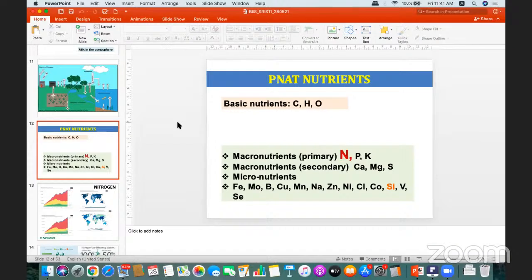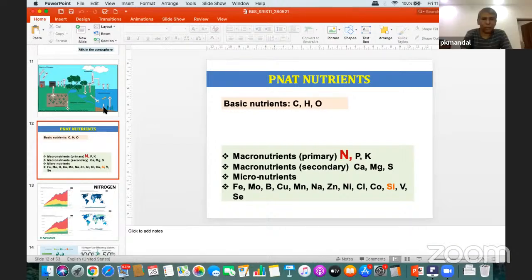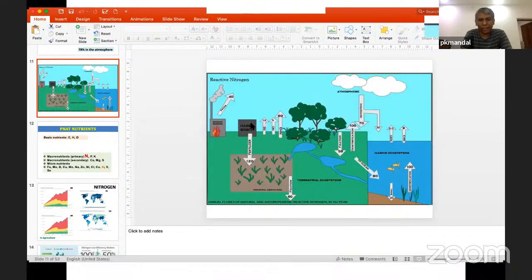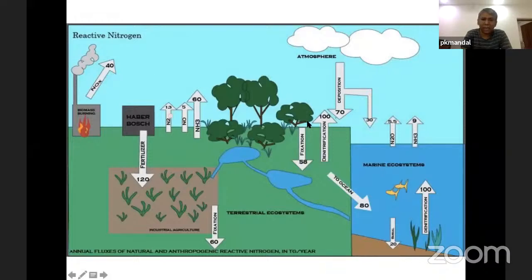Yes, sir. So actually what I was talking about this slide. In a nitrogen cycle, we fix the nitrogen. Other than the chemical process, a lot of nitrogen is fixed by different organisms.